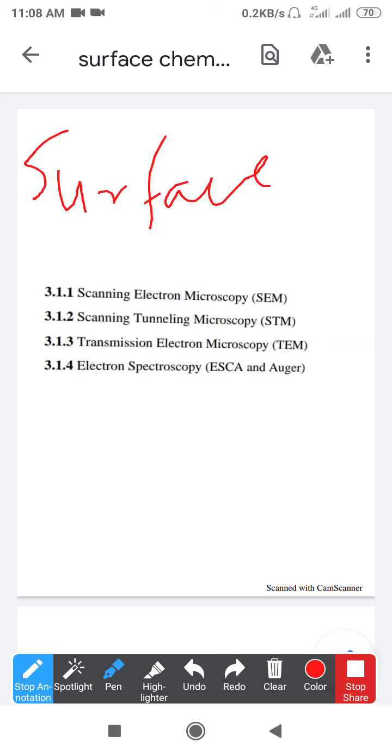Surfaces might be different. If we consider two different solids, there we are going to find a definite boundary or separating surface, so each solid has its own surface.